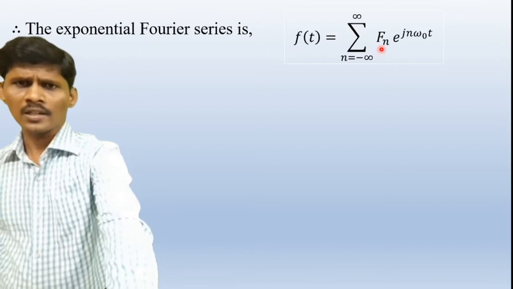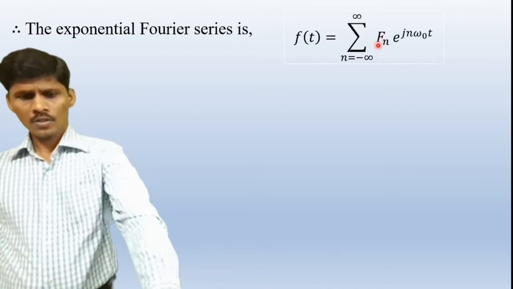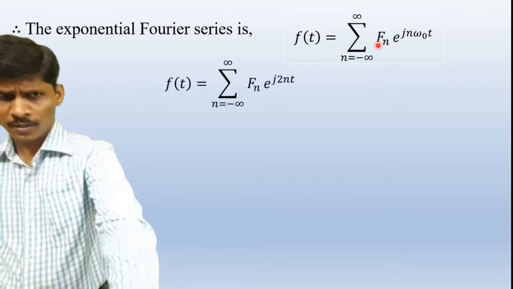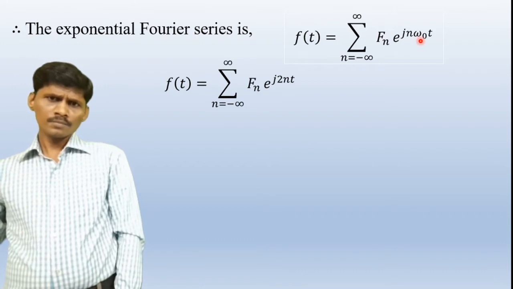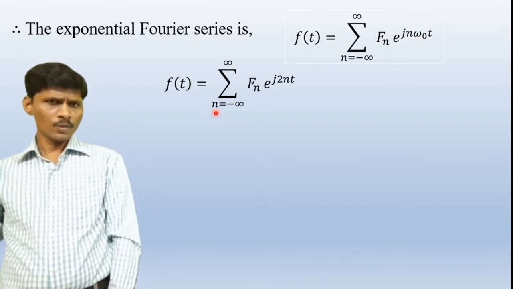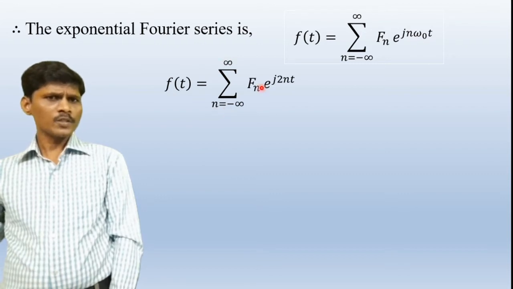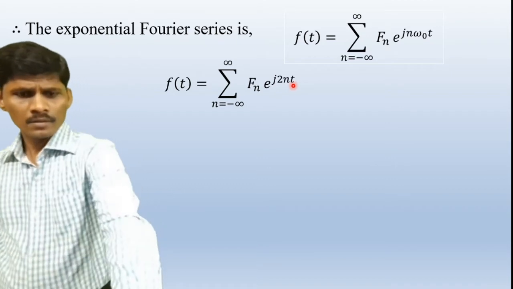So first calculate the coefficient F n. Omega naught is equal to 2. Substituting here, that is sigma n equal to minus infinity to infinity F n e power j 2 n t.